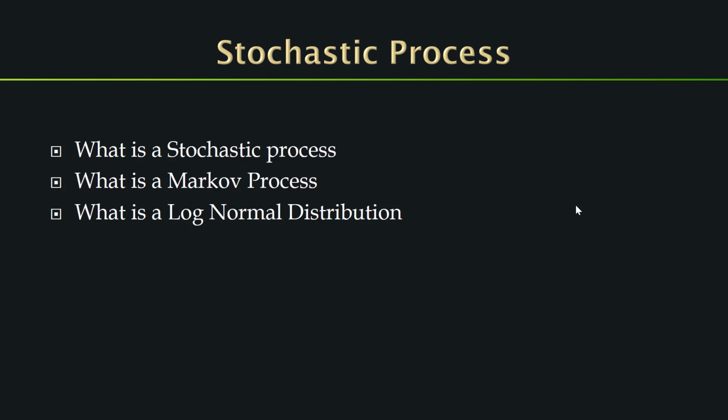So it is assumed to move in an uncertain way over time, right? It can be classified in two ways, which is discrete or continuous time stochastic processes. Discrete is where the value of the variable changes at a specified time, and continuous stochastic processes are those where the change can take place at any time.